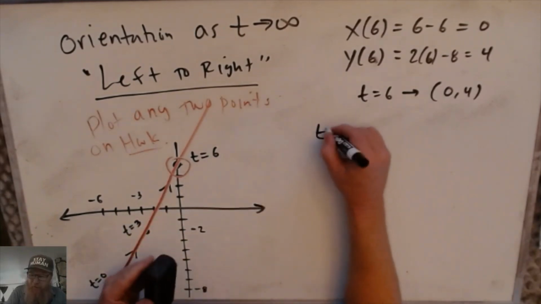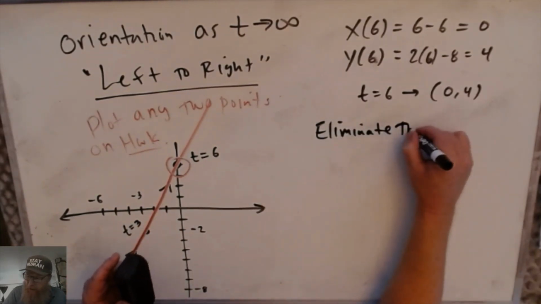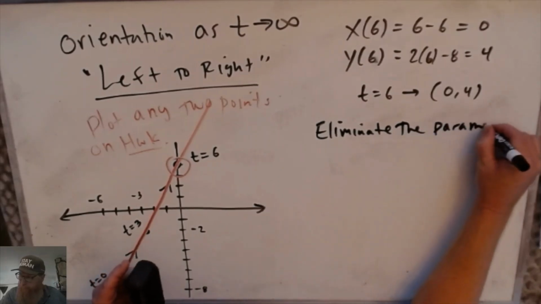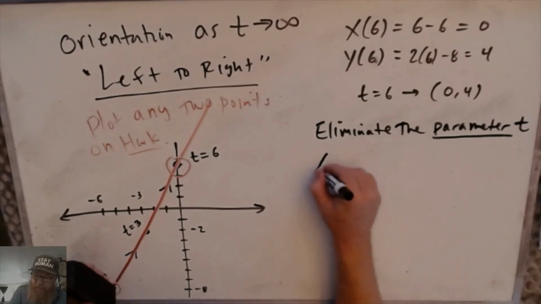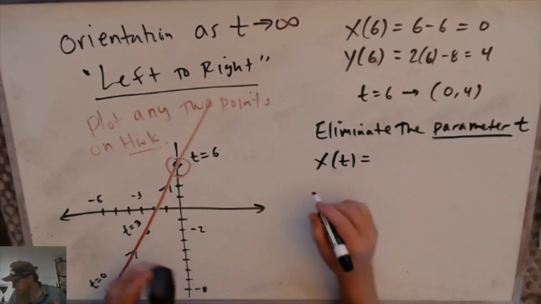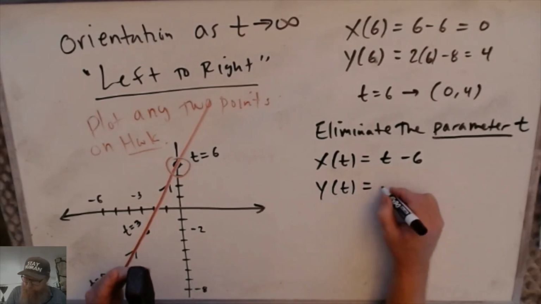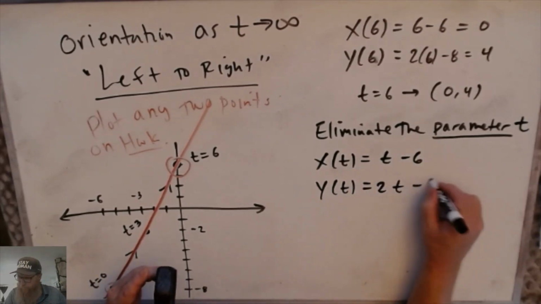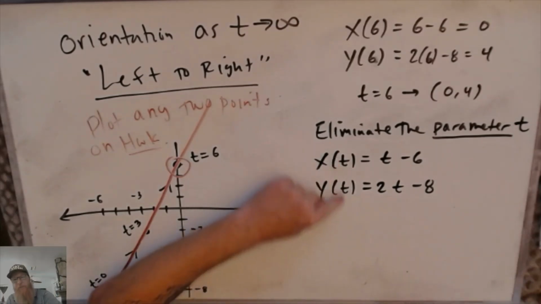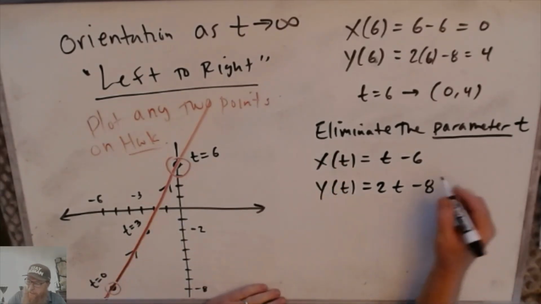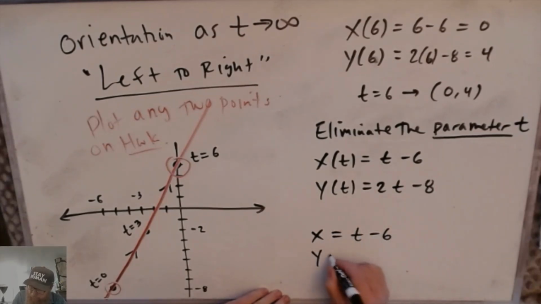I'm going to show you next, before we move on, how to eliminate the parameter t. So how do you get rid of t? Well, the first thing you do is you rewrite the equations as simple equations.